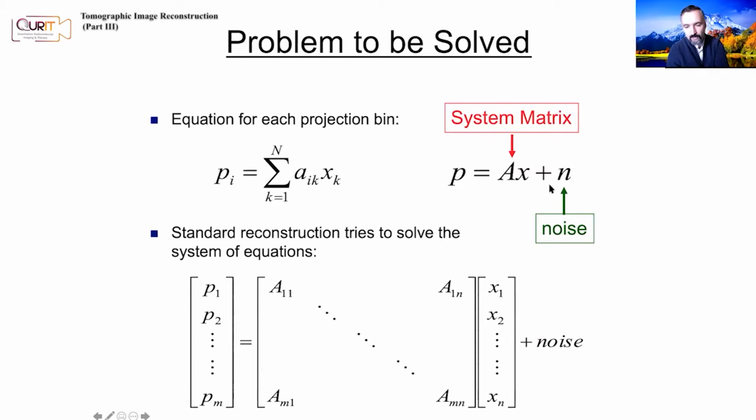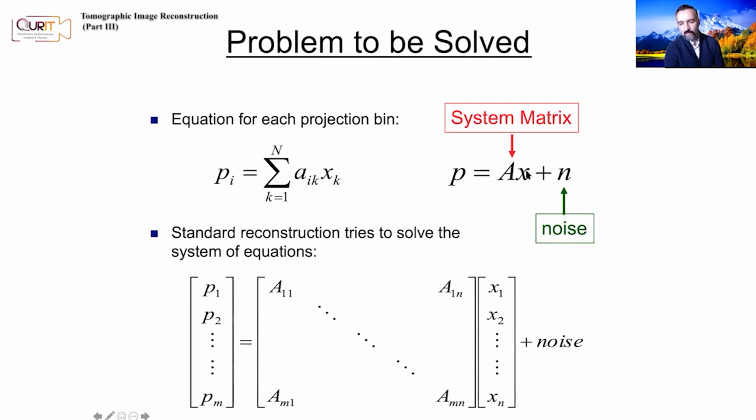So if you write it out like this, the projection data is a 1D vector of measurements, so all projection values. We model the system matrix as a 2D matrix, and then X is your image. Even though your image is 3D, you put all the pixels, all the voxels in the image, into a 1D array, just for this way of writing things.